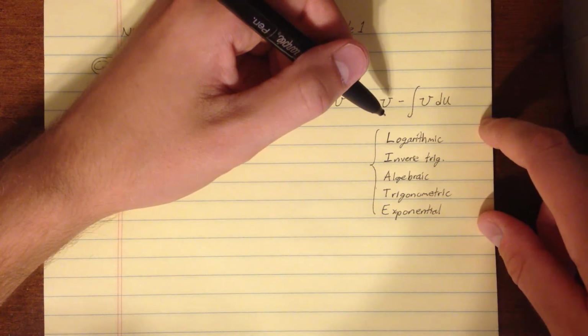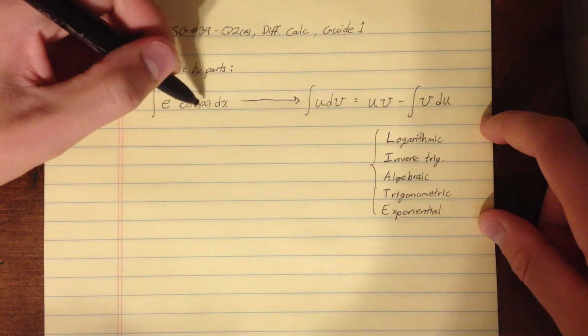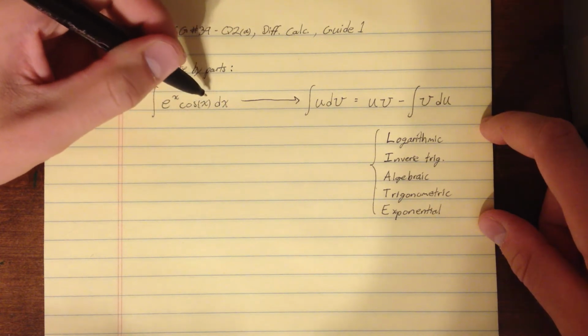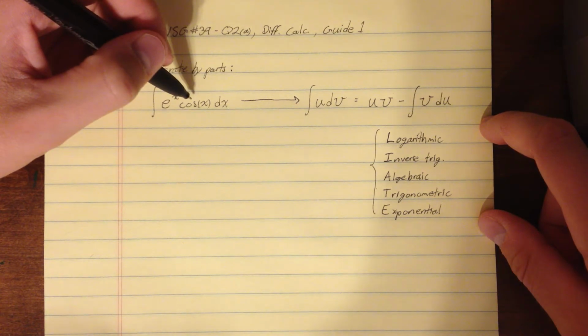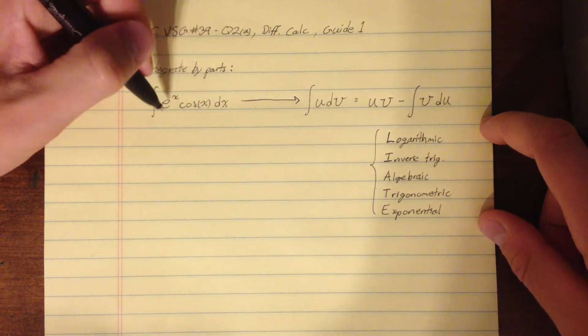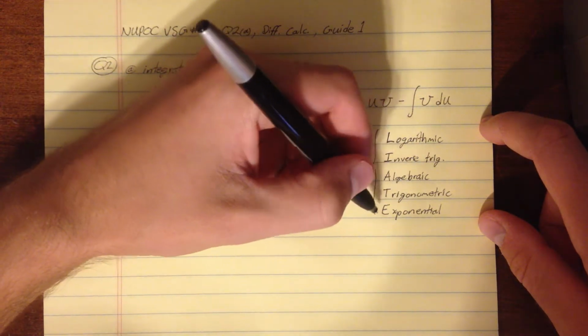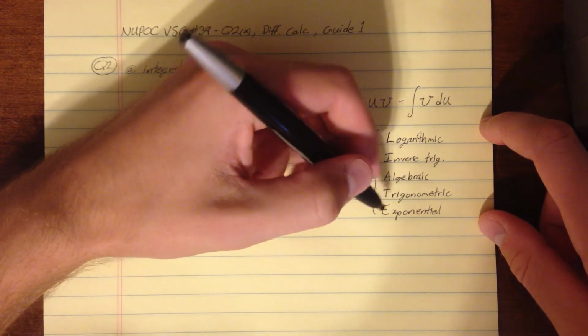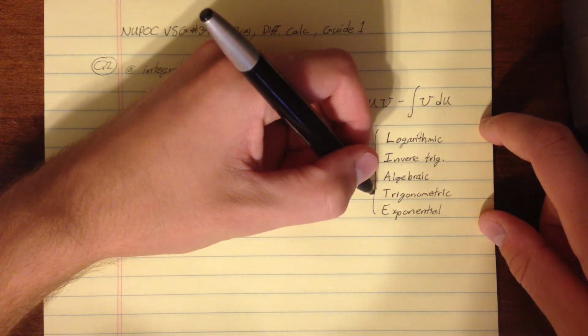Certainly the exponential is not going to become any more complicated at all if we take the integral, so the exponential should probably be the dv, and our trig function will be our u.